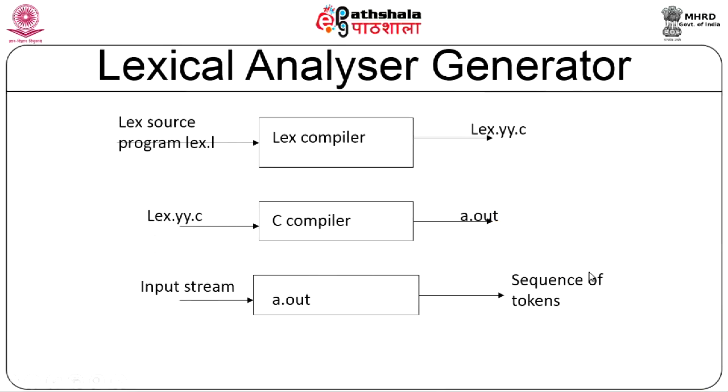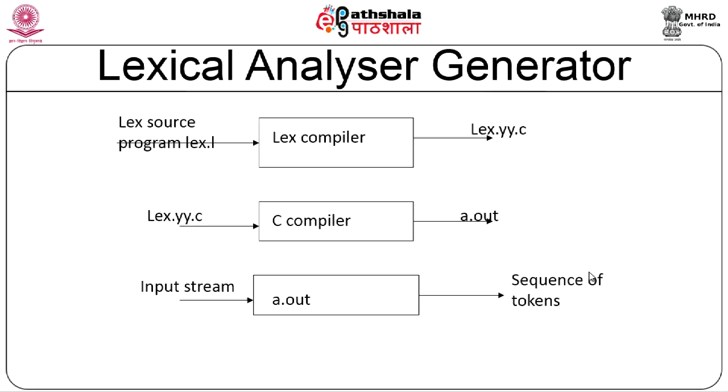Now, how does this tool work? This is the overall flow of the lexical analyzer generator. Your input source program will typically be a .l extension file. Now, you have a Lex compiler, because I already said Lex is a programming language. This Lex compiler takes this input .l file, and it is going to generate a lex.yy.c file.